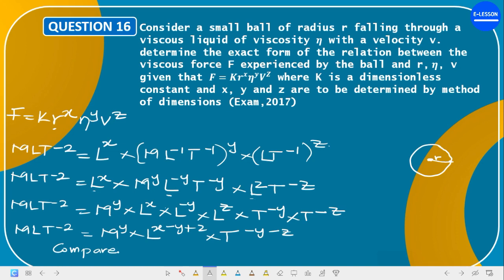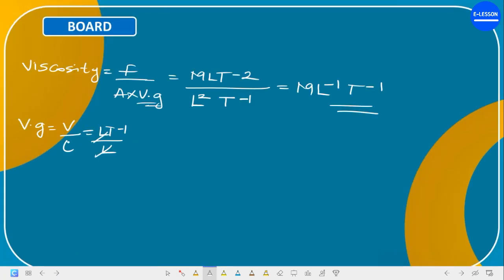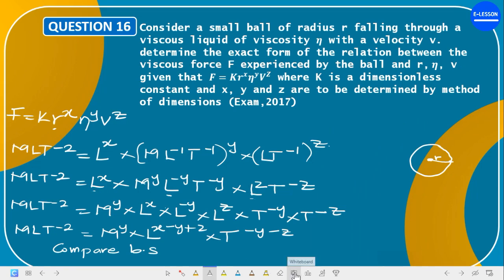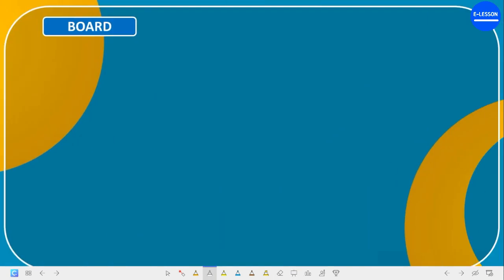Now, at this point in time, you can compare both sides. Now, comparing both sides, what are we supposed to have? Let's go to a clean sheet. Comparing both sides. Let me rewrite what we have here.